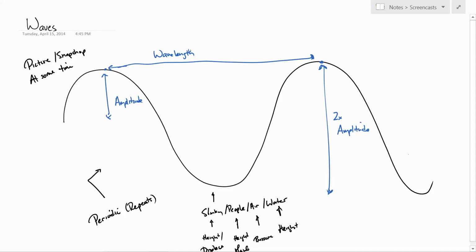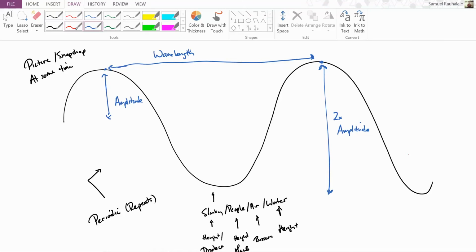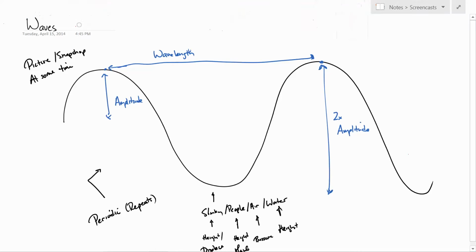But now the interesting thing about a wave is that it moves. And it moves not that the whole wave gets up and moves to the left, but in the next second, the wave will have a shape that looks kind of like this. And so this little spot here has gone up.